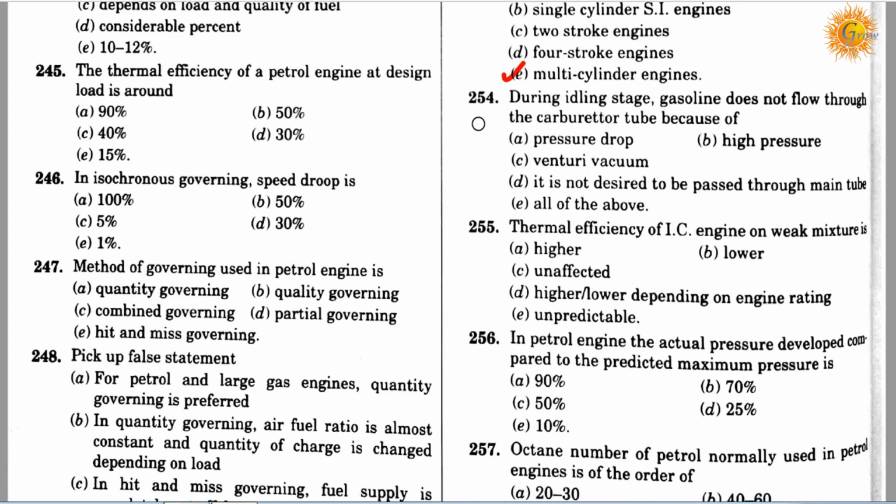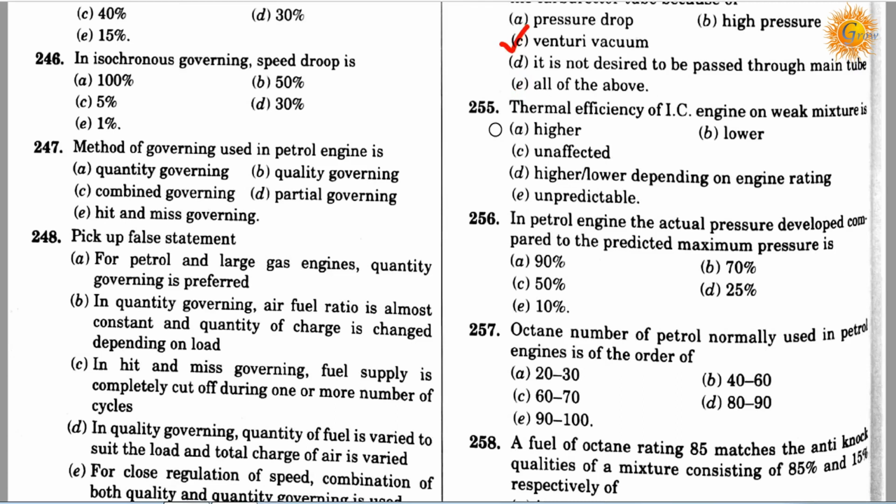Question number 254. During idling stage, gasoline does not flow through the carburetor tubes because of: option A, pressure drop; option B, high pressure; option C, venturi vacuum; option D, it's not desired to be passed through main tube; option E, all of the above. So the correct answer will be C, venturi vacuum.